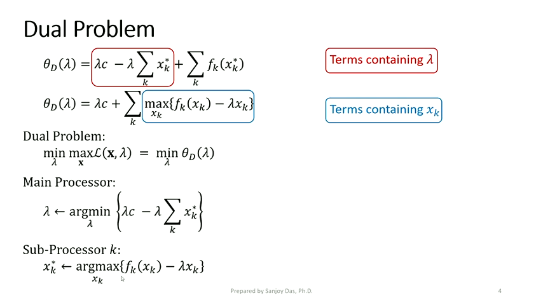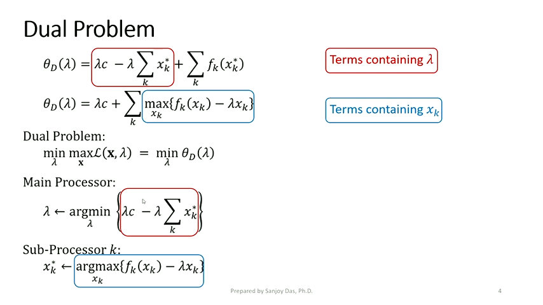So each subprocessor will assume that lambda is known a priori. And here the main processor will receive the optimal xk stars, and then it'll adjust lambda again. It's an iterative process. You'll see that.